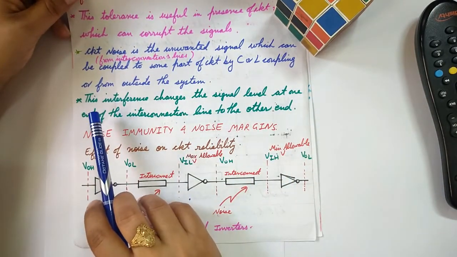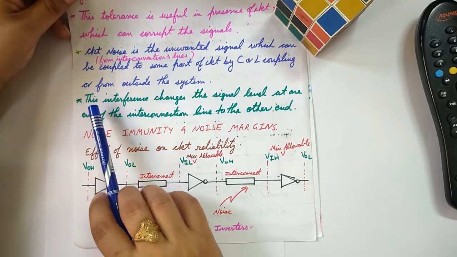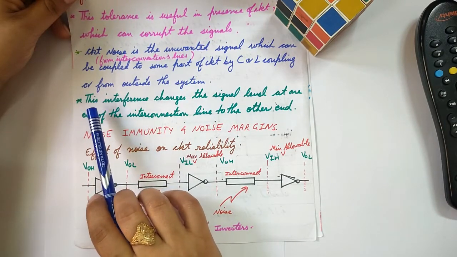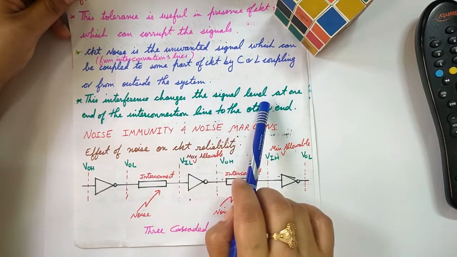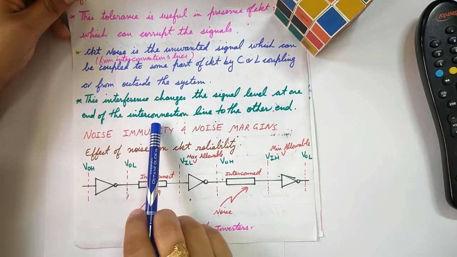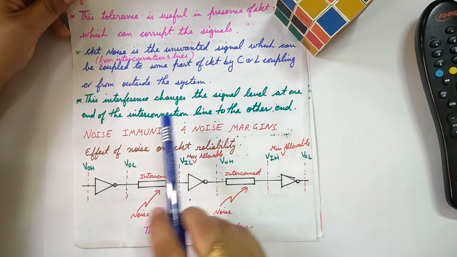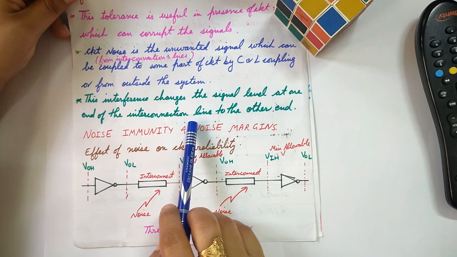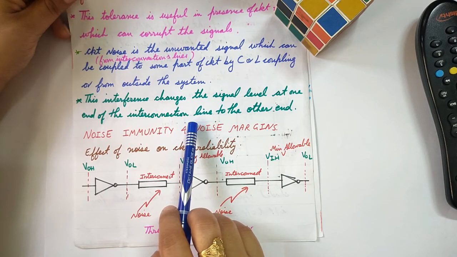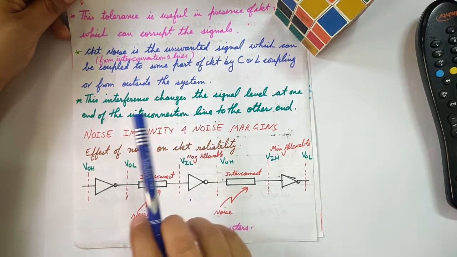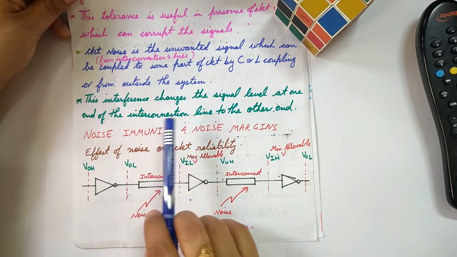This noise creates interference with the signal and changes its value, changing the signal level from one end of the interconnection line to the other. The interconnection line is used for making connections from one device to the other, so if the signal receives some noise in between, it will change while moving from one end to the other.